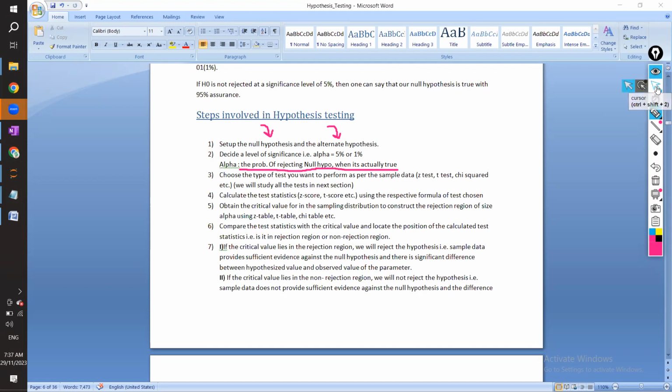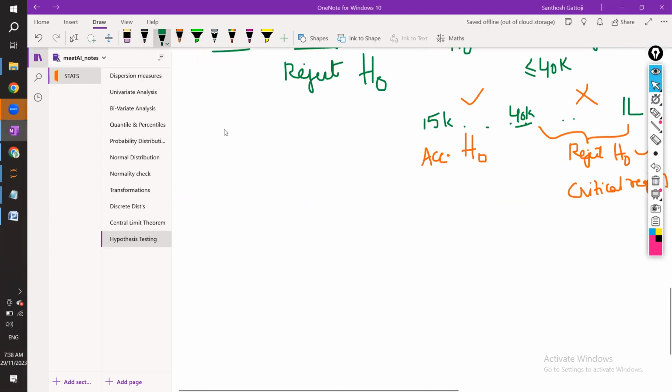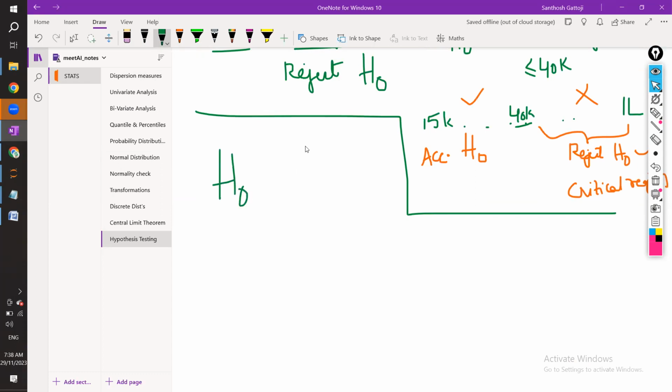We have some null and some alternate, we do some test, and we accept one and reject the other. But if my test is not perfect, or if I don't have a sufficient amount of data, I might be wrong. For example, null may actually be true, but according to my test I have rejected it. That is possible.